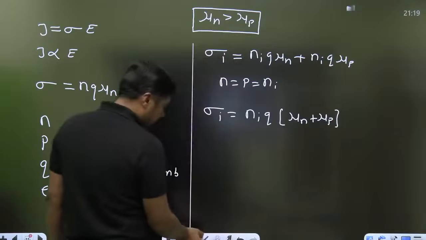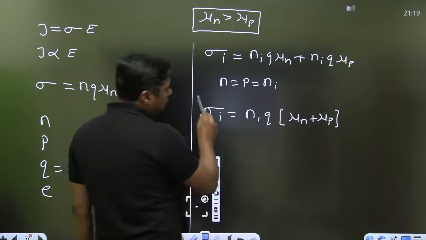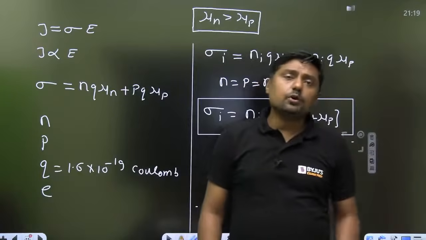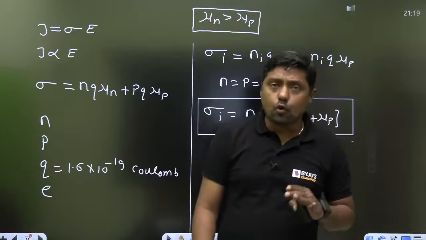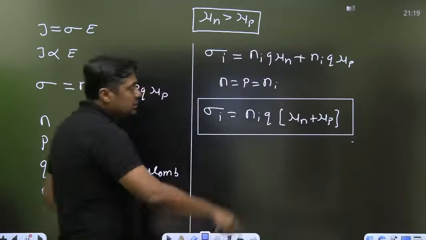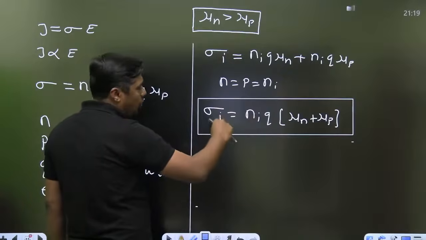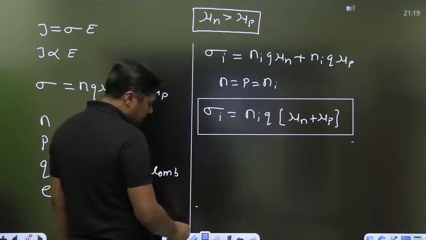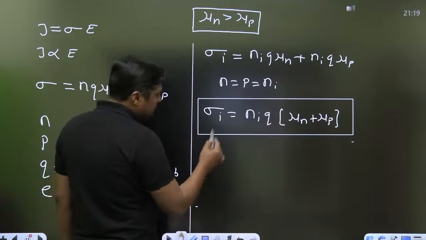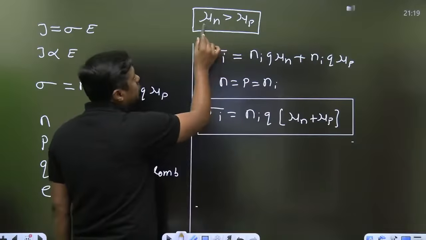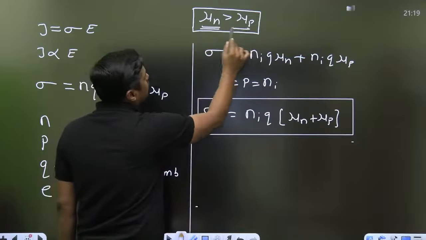That is the conductivity. So in case of intrinsic semiconductor, the conductivity is because of electron as well as because of holes. But the contribution of electron is greater than the contribution of hole in this conductivity. Reason, the concentration is same, n and p are equal to ni, but mobility is greater. Mobility of electron is greater than mobility of holes.